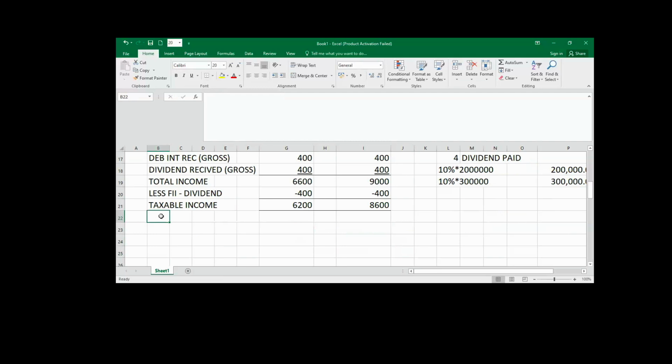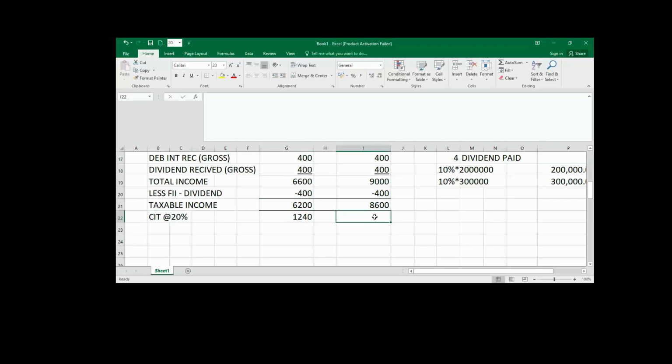But because the question has said assume tax rate to be 20%, we are going to make use of 20% CIT, company income tax. 20% of this 6,200 will give us 1,240.